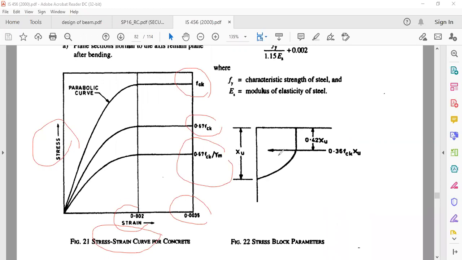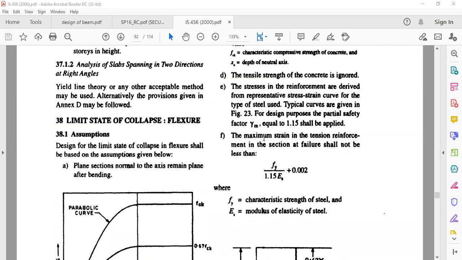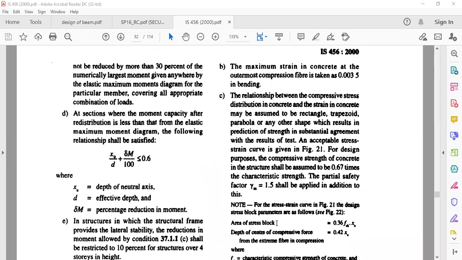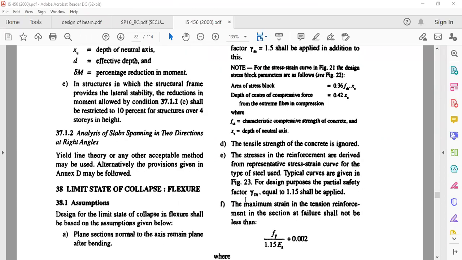Also we got the stress block parameters: this is called xu, 0.42 xu, that is the compressive force, and all those things. Look at the assumptions here: plane sections normal to the axis remain plane after bending as well. This part we already covered.